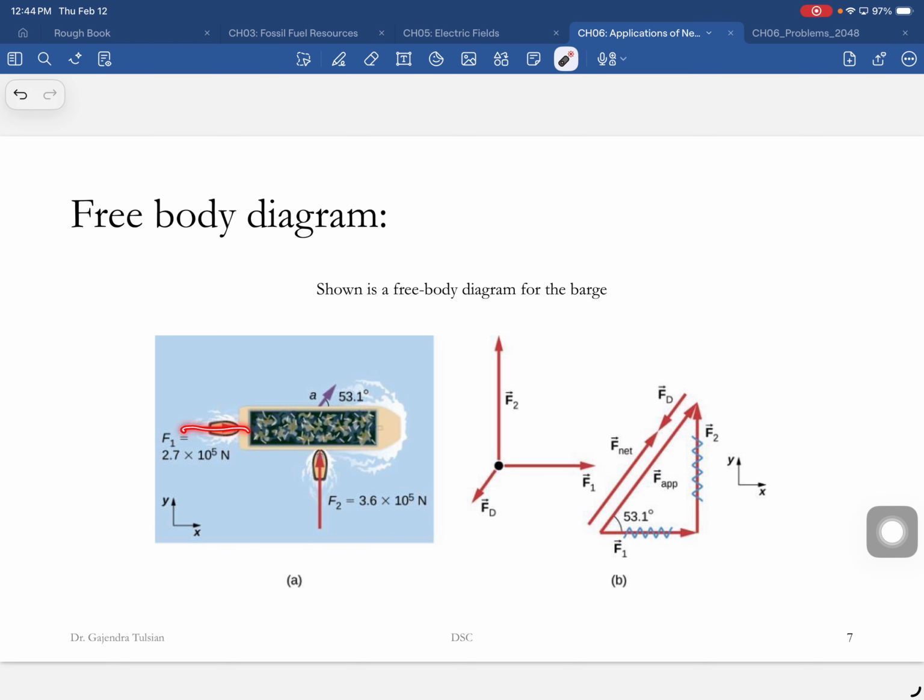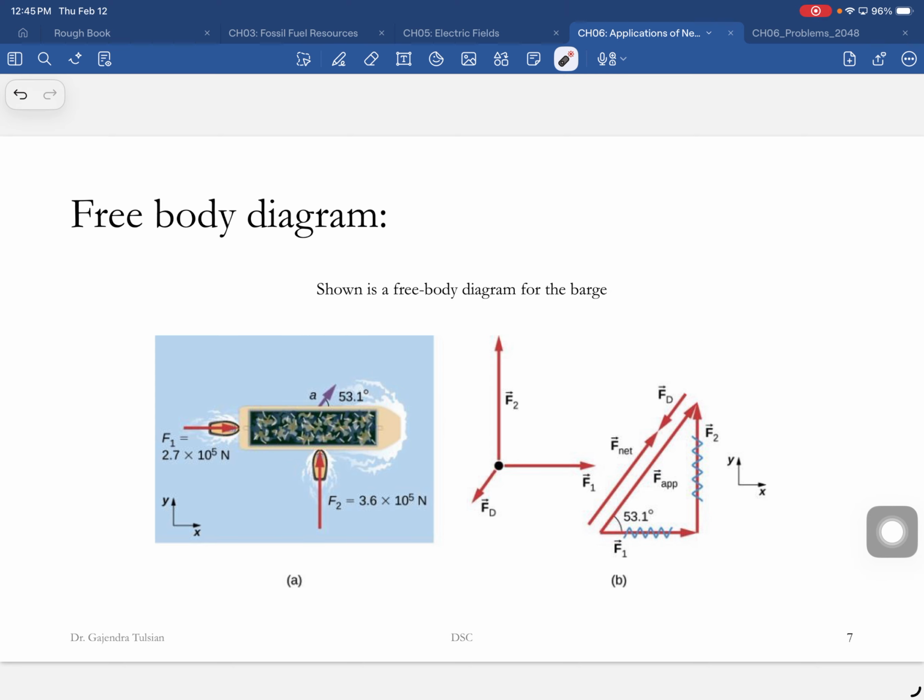The forces acting on the barge are going through the center of mass, and in that case, the object won't spin. So we're keeping things simple. When we get to chapter 10, we'll have objects spinning. So right now, the way we say this is the torques of these forces are 0. In chapter 10, you'll see that the torques of the forces are non-zero, and then the object can spin.